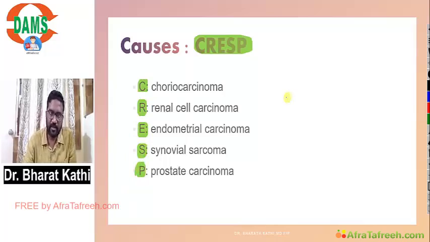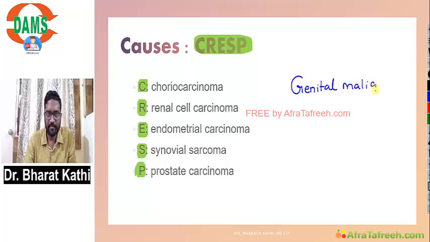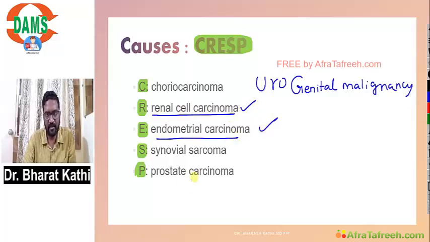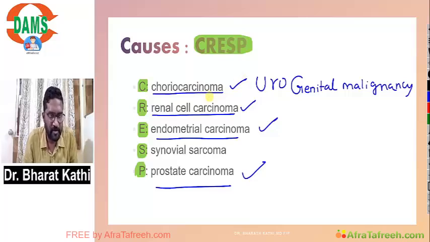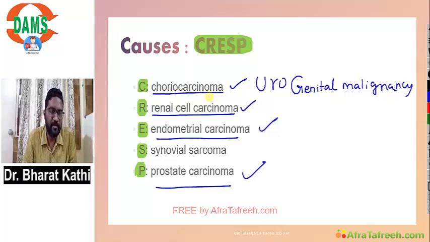Usually cannonball metastasis originates from genital malignancies, or you can just add urogenital, because there is renal. This is the genital tract, the genital organs, and this is also related to the reproductive system only. So choriocarcinoma, renal cell carcinoma, endometrial carcinoma, synovial sarcoma, and prostate carcinoma.